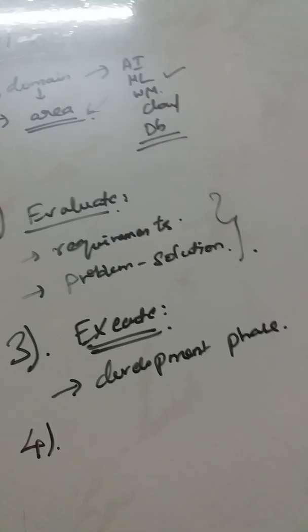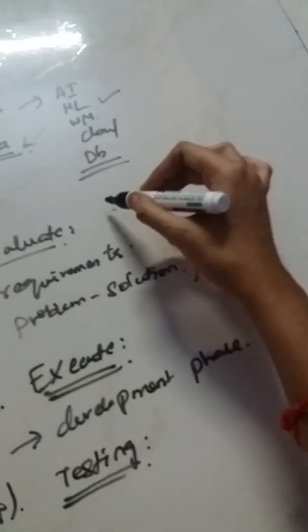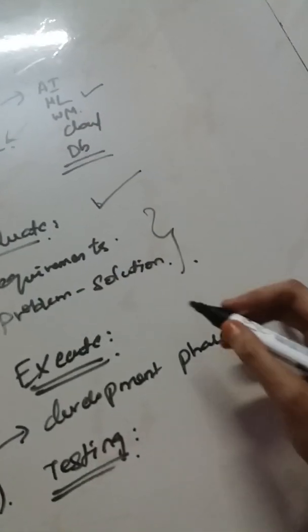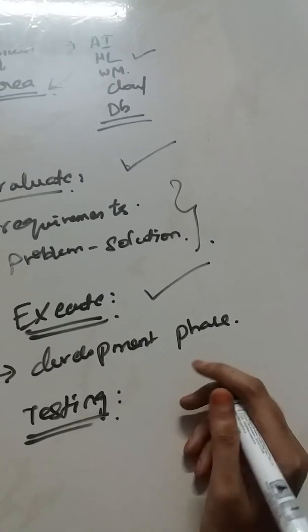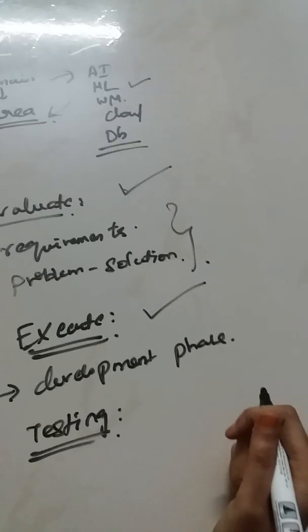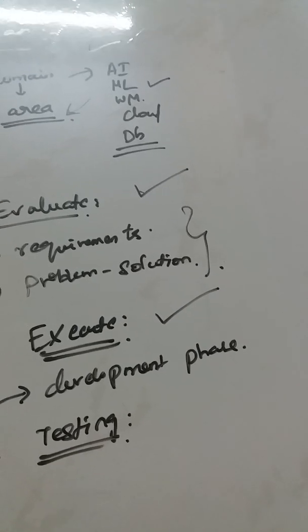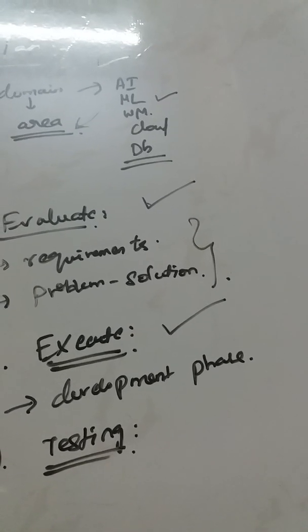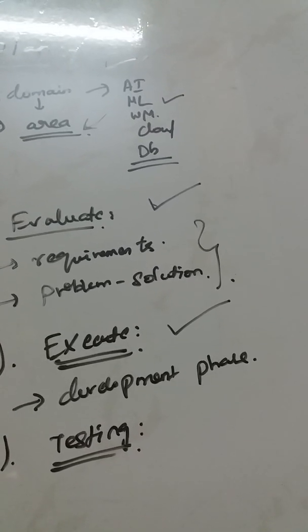The last and final phase would be the testing phase. Your project has been planned, you have evaluated the requirements needed for developing it, and you have developed your project. The final phase would be testing. The testing phase is the most important phase: how it deals with different kinds of users, what kind of scalability it deals with, and what kind of test cases it is going to solve.